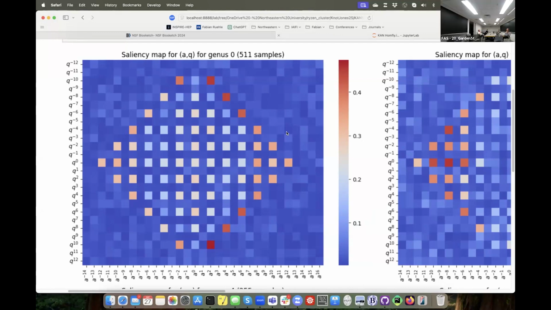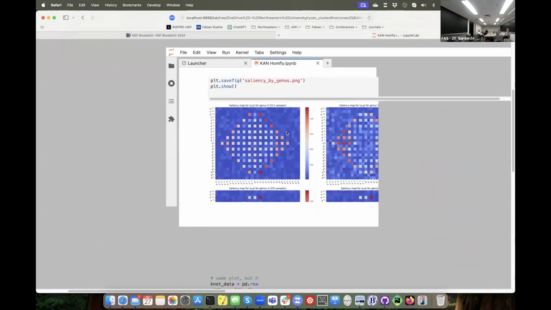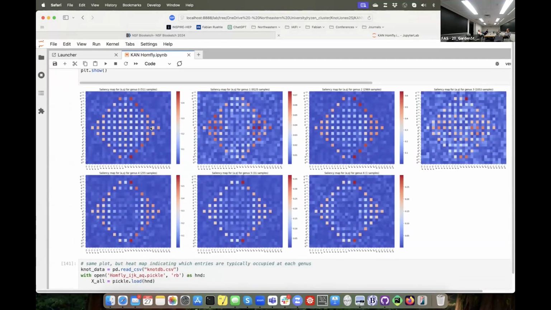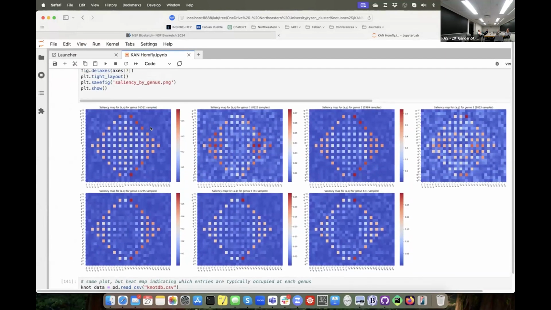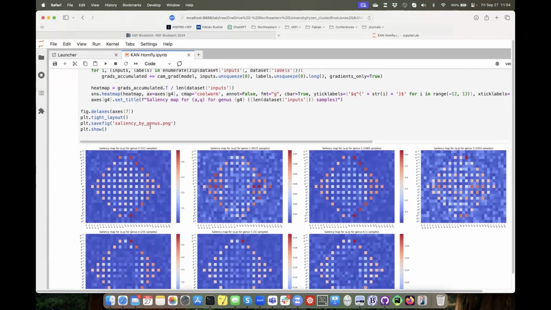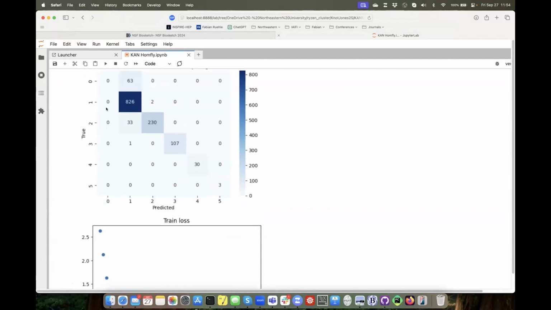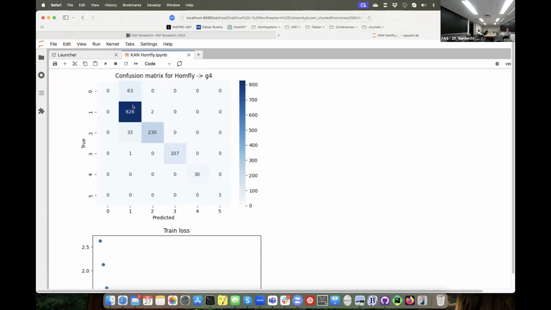I think his concern might be that most of the failures could be in genus 0. Then we should trust the genus 0 saliency map less. Yeah, I 100% agree, because for this particular case it didn't get a single prediction right for genus 0. The splitting there is essentially the same thing as the confusion matrix, but now I'm averaging. Yeah, exactly. Okay, good.